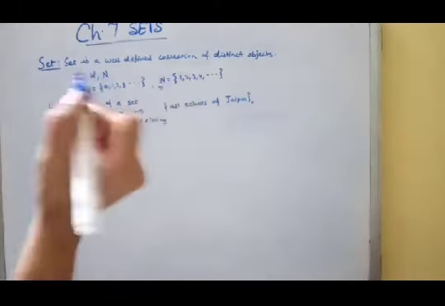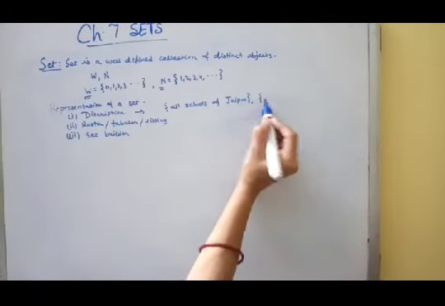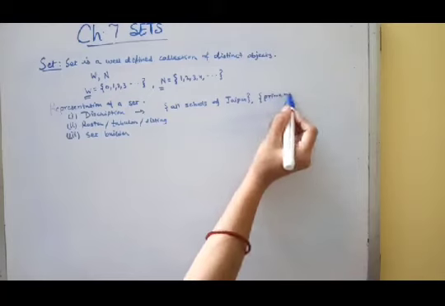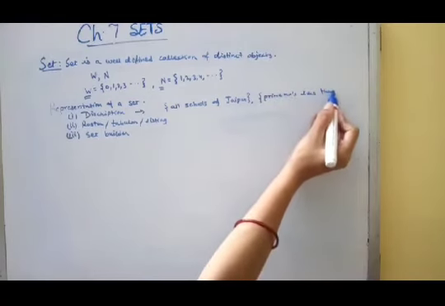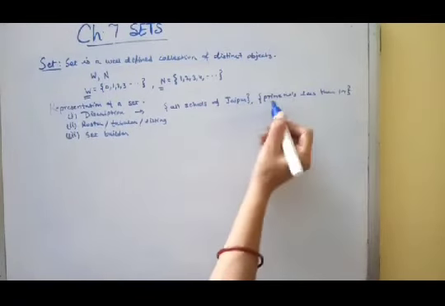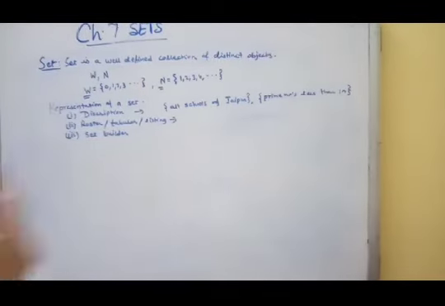Let's take another example. The set of prime numbers less than 100. So we write here prime numbers less than 100. So we describe these sets in words in the description method.